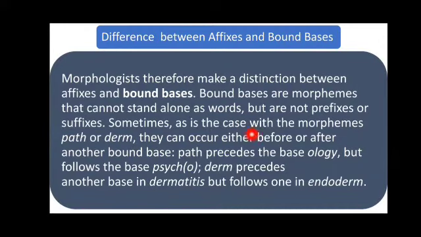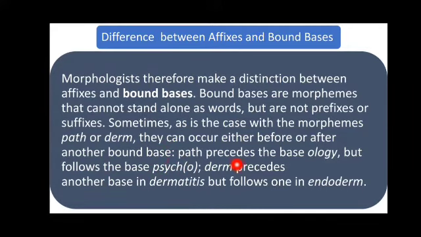Sometimes, as in the case of the morphemes path or derm, they can occur either before or after another bound base. So they are flexible, they're movable. Path precedes the base ology but follows the base psych or psycho.